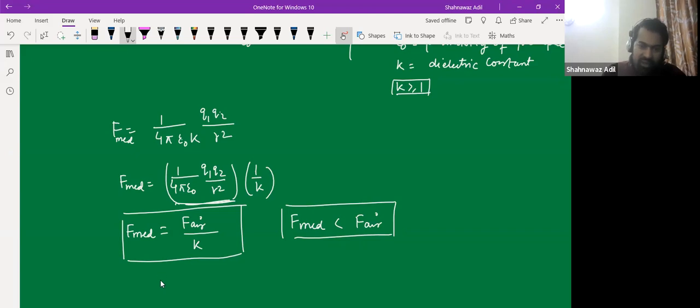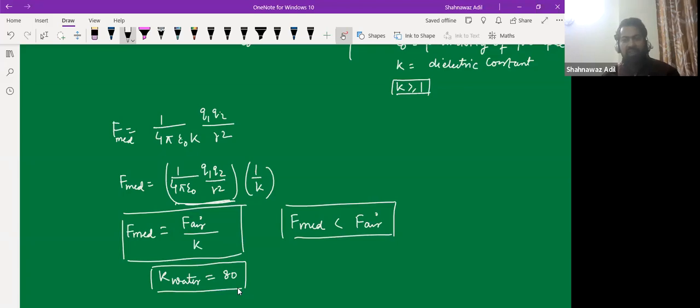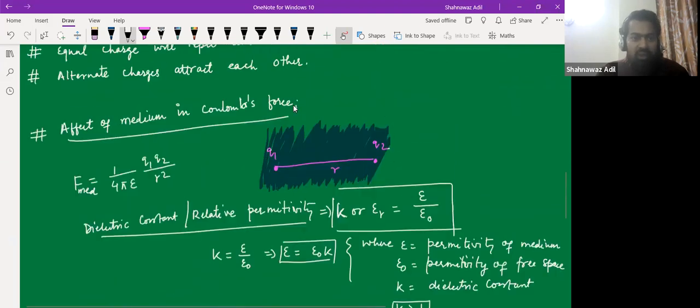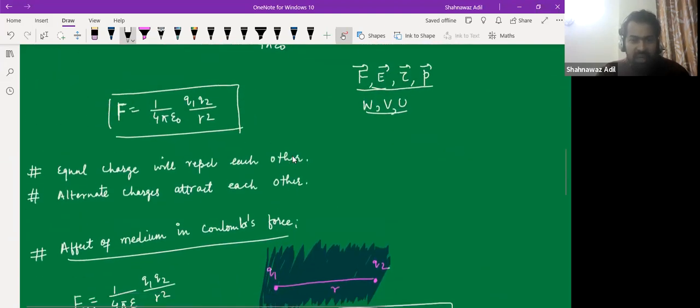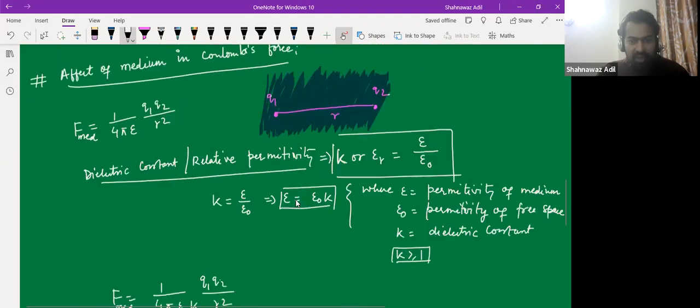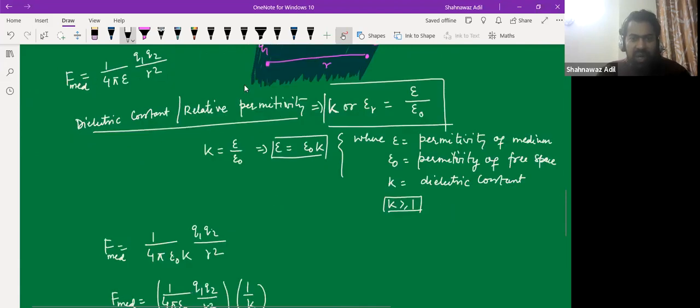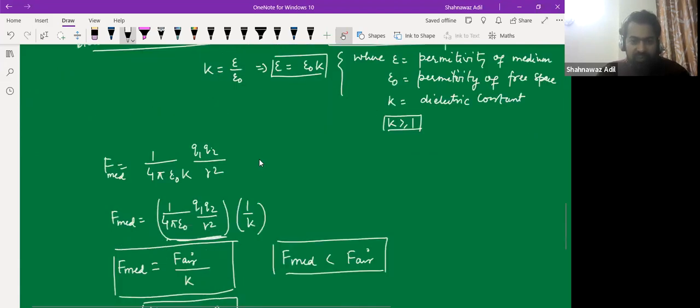The dielectric constant for water is 80, and for air that would obviously be 1. These are the things we learn from Coulomb force and the dielectric. Did you guys understand why this would be decreased?